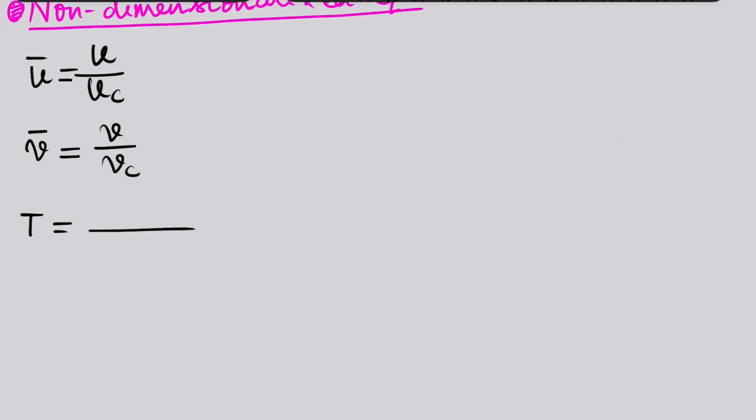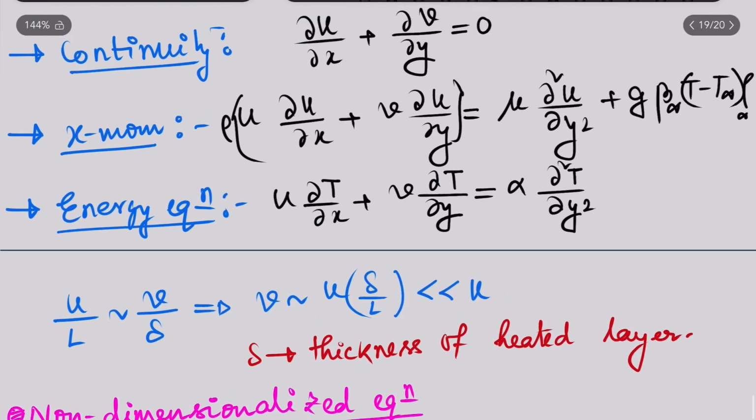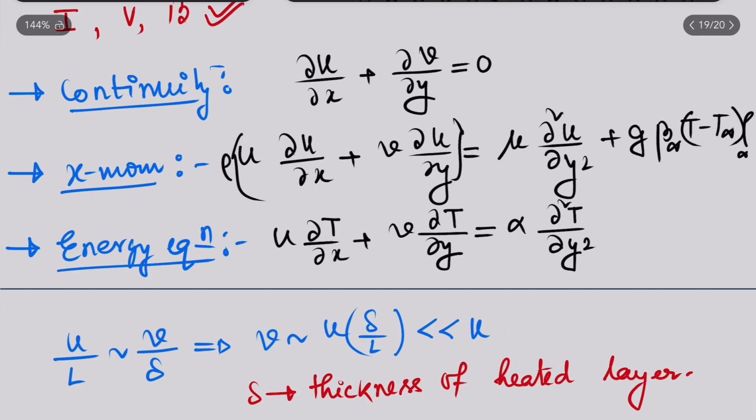Now here we will not forget that objective, but along with that, our second objective is to make all the terms in the equations comparable to each other. What do I mean by that?